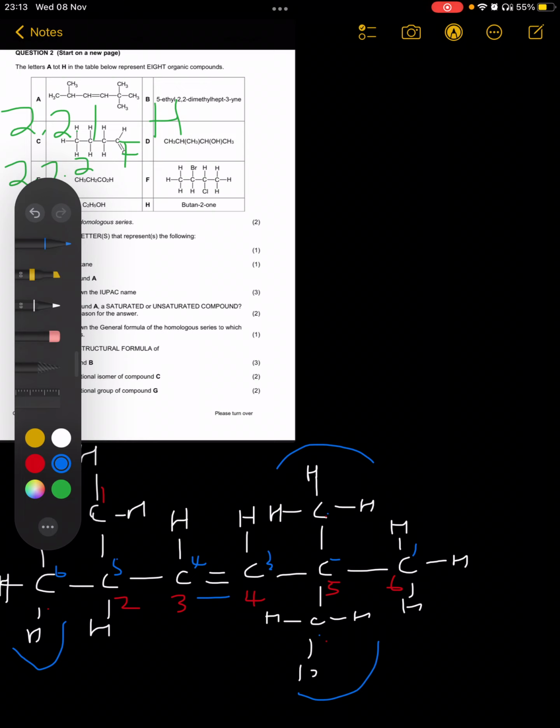So that would make the structure a 2,5,5-trimethyl. Remember, it's an alkene, so it's a hex, position 3 in.